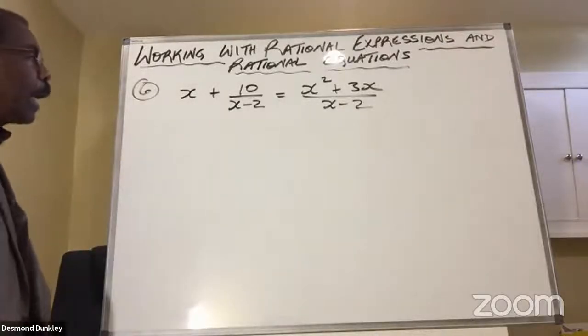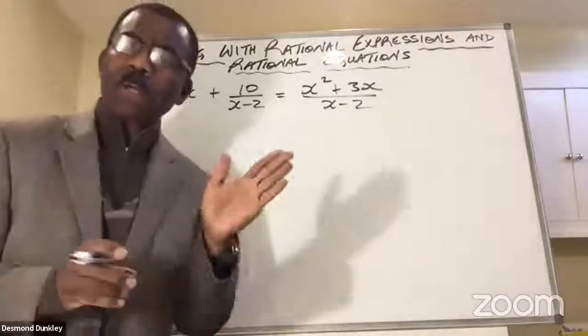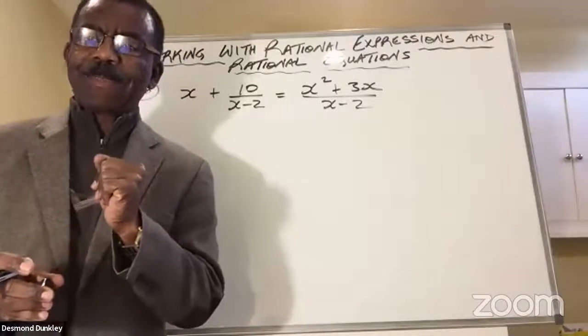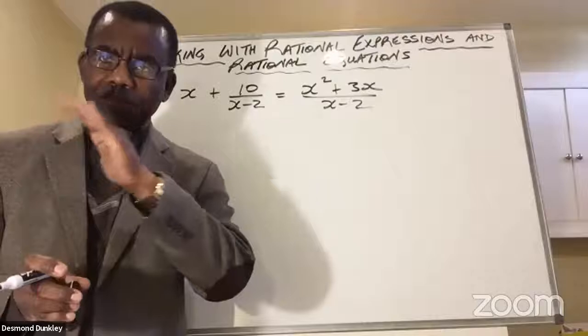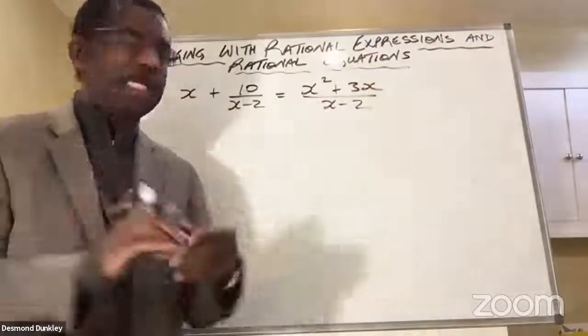Good. Okay, so again, our goal is to get rid of all the fractions. Remember we talked about that? Get rid of all the denominators. If we get rid of the denominators, then it becomes easy.